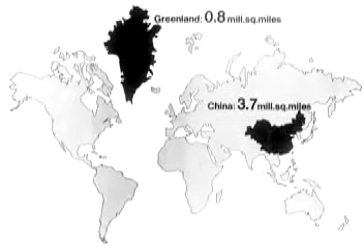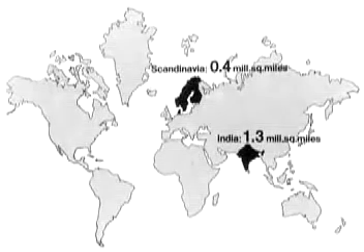In reality, China is over 4 times the size of Greenland, but Mercator's map shows China as substantially smaller. Scandinavia, with only 0.4 million square miles, is shown dwarfing India's 1.3 million square miles, which is 3 times larger.